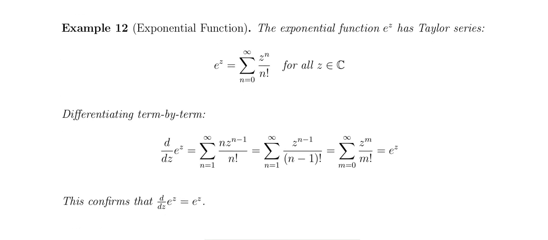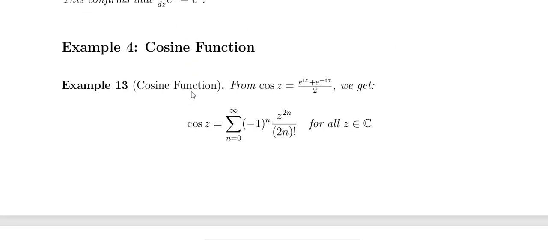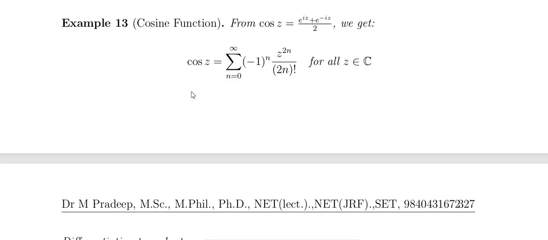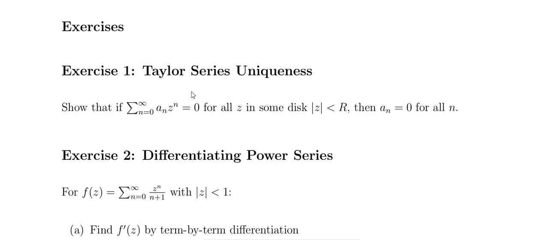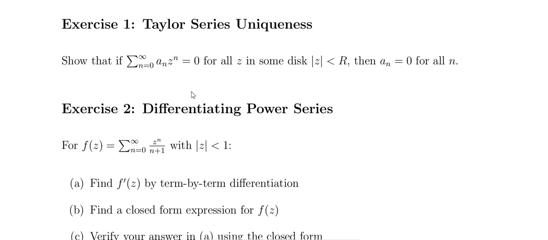The exponential function was already discussed. This is the function: if the series summation a n z power n, n equal to 0, is equal to 0 for all z in the disk mod z less than r, then a n equal to 0 for all n.